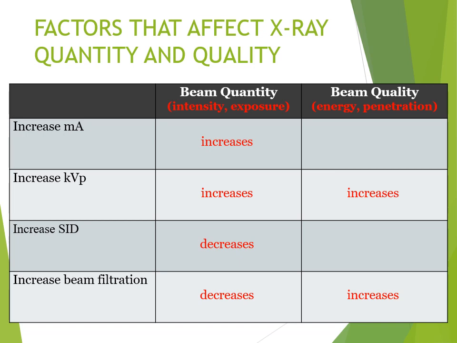An increase in KVP will also increase beam quantity, while an increase in SID will decrease beam quantity, and an increase in beam filtration will decrease beam quantity. On the other hand, an increase in KVP and filtration both increase beam quality.